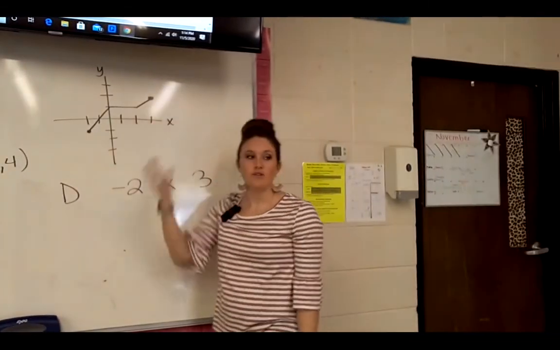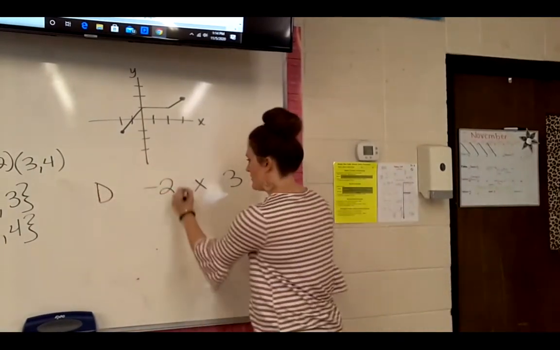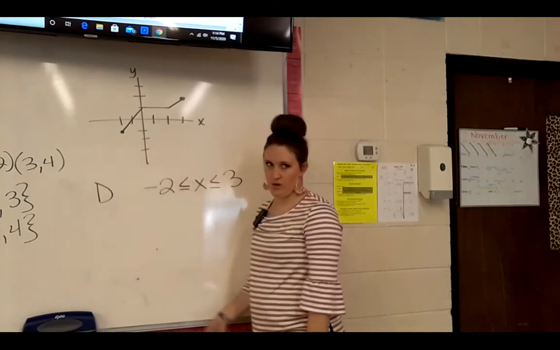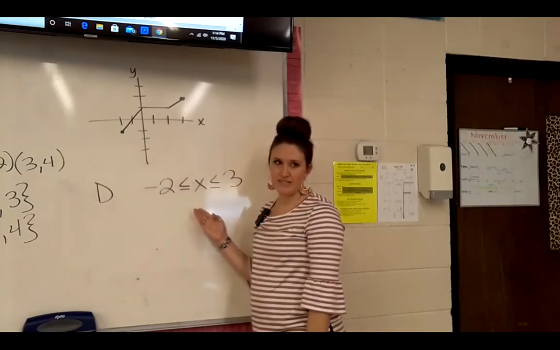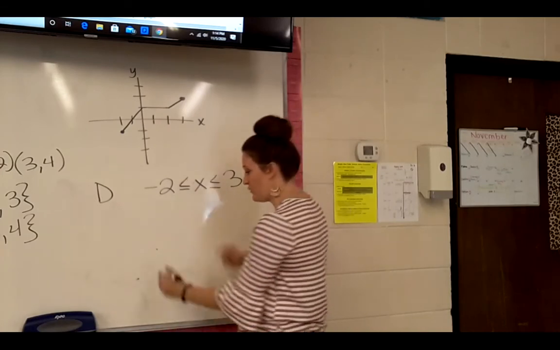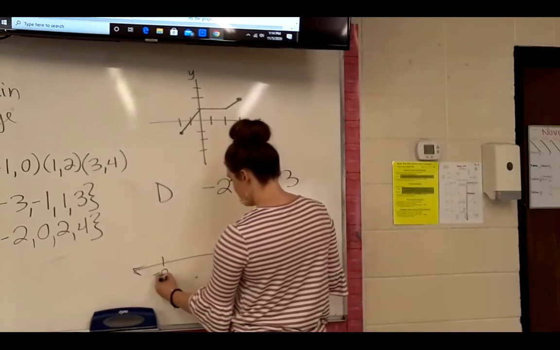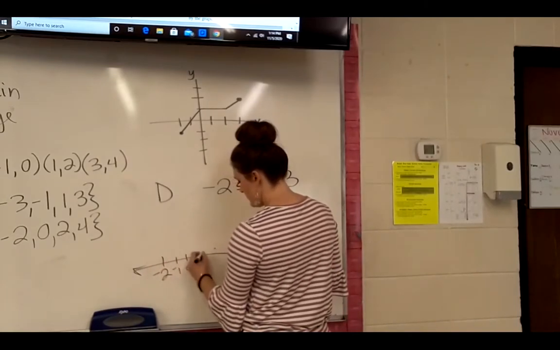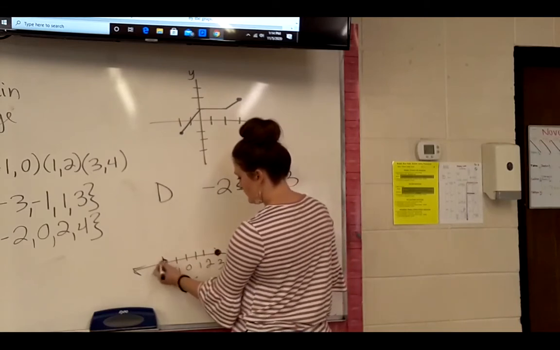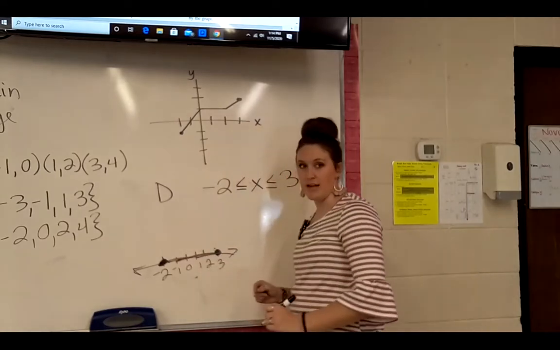Now, what we're doing is we're making an inequality because it's from one to the other. So, we have negative 2 is less than or equal to x is less than or equal to 3. Because if this had been on a number line, like what we've been doing, we're used to seeing it like that so far.